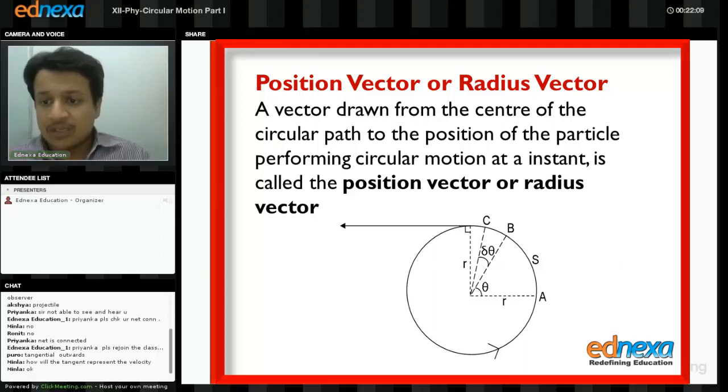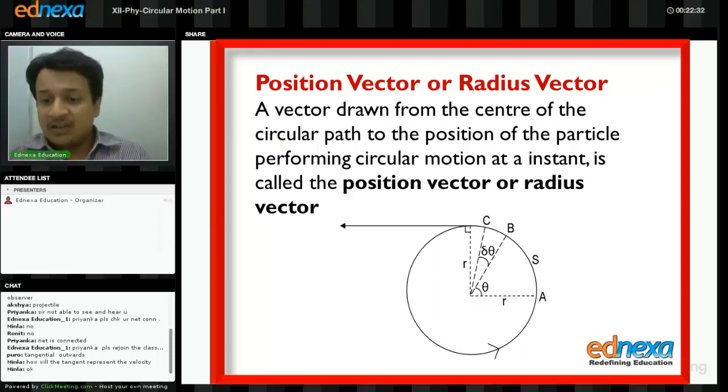Means what? See, over here the center point is O. Lines drawn from O to A, O to B, O to C are the position vectors. Why? Check the definition again. A vector drawn from center of circular path.